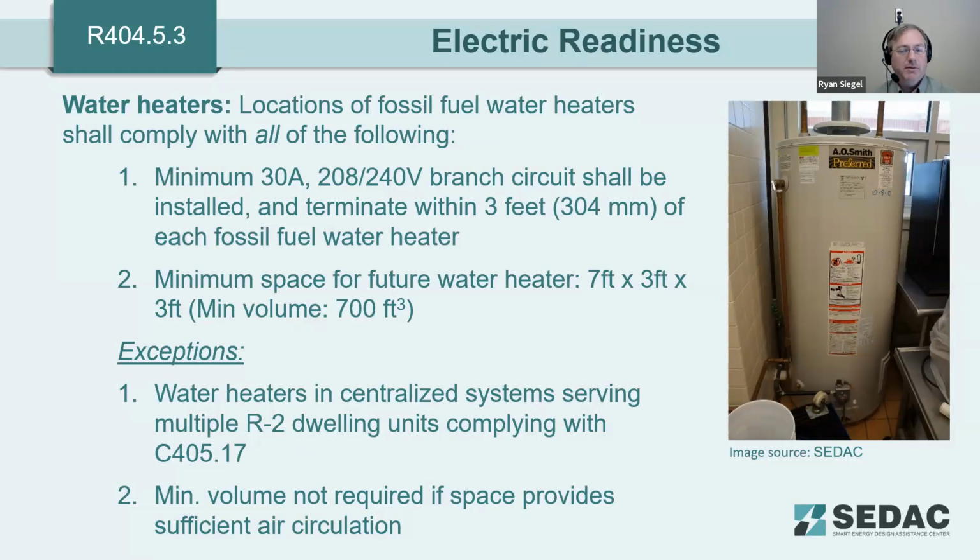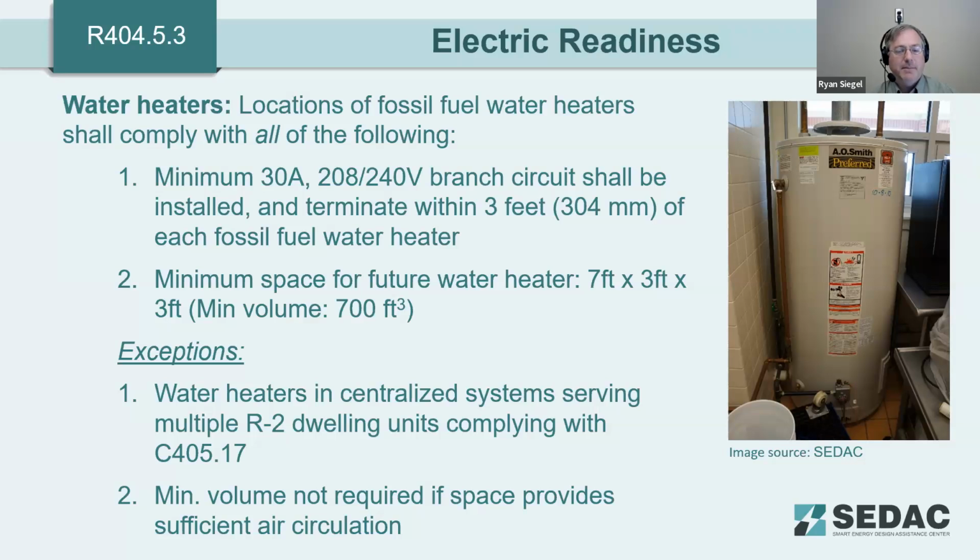So volume of 300 cubic feet, so that you don't want to cram it into a closet with no connecting jumper duct or anything else like that for a future heat pump to be able to use.